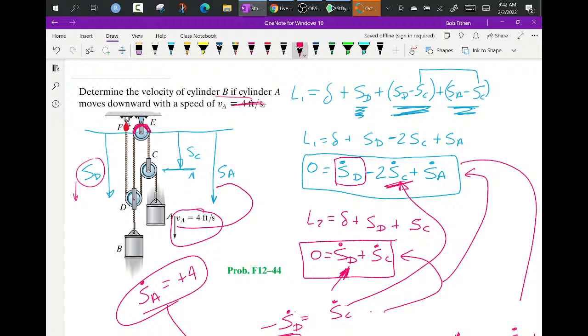Let's say instead of this velocity, he said block A moved down 4 feet. He didn't give you the velocity. He gave you that it moved a certain distance. So it moved 4 feet.